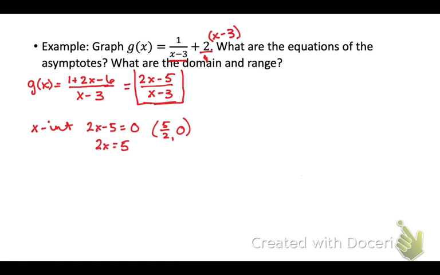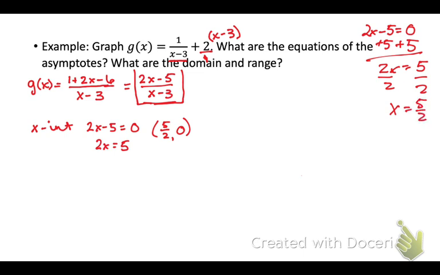I'm just solving 2x minus 5 equals 0. Add 5, add 5. 2x equals 5. Divide by 2, divide by 2. X equals 5 halves. Yep, back to algebra 1.